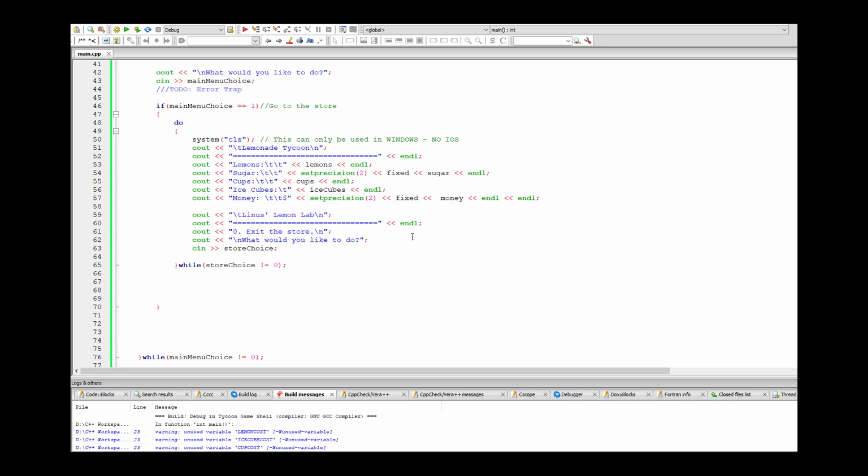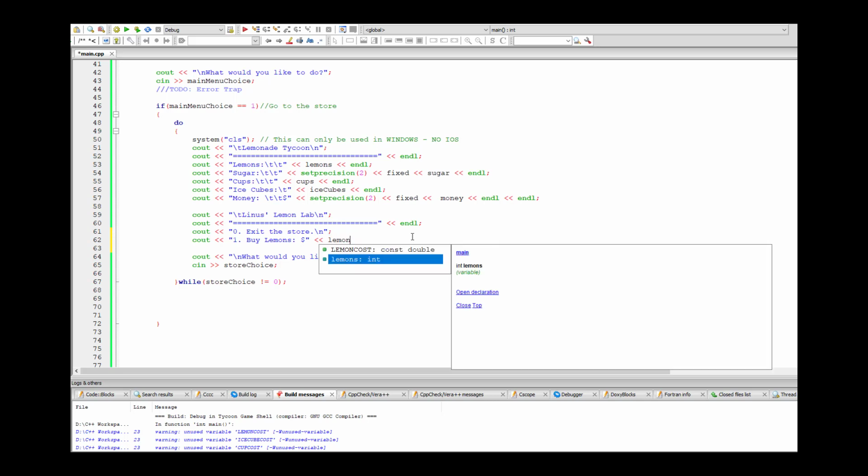So what we're going to do is add in some options. We're going to say buy lemons, and the lemon cost. We're going to show the lemon cost there.